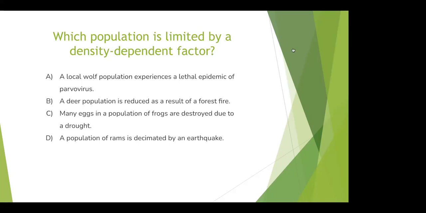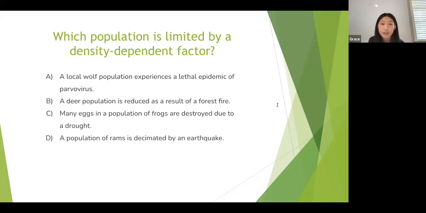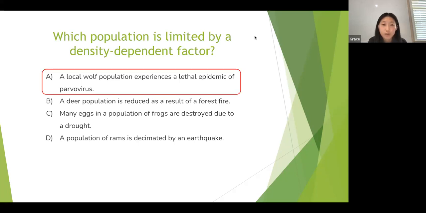Wait, does density dependent mean like a virus or illness or something? So density dependent, I don't want to spoil the answer, but density dependent is something whose strength depends on the density of a population. So we're going to see now that you are correct, because a virus is dependent on the density of a population.